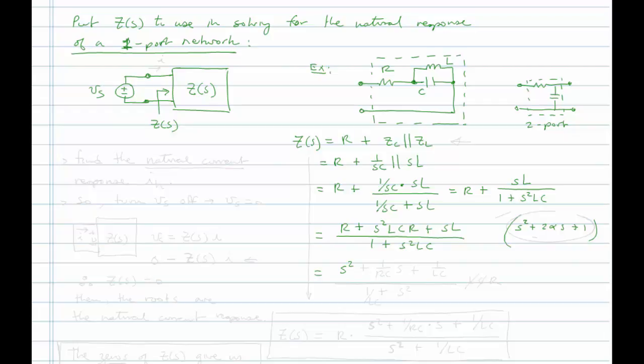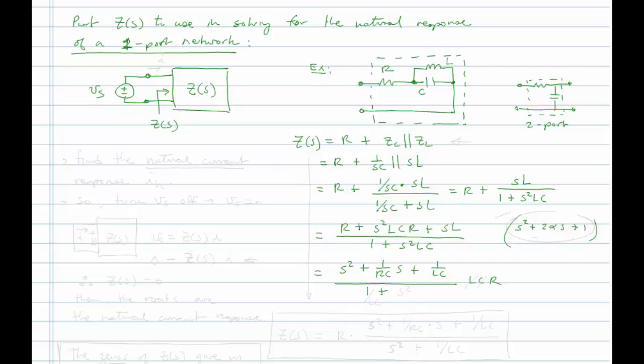So I get S squared plus, when I take SL and divide it by LCR, 1 over RCS, and then R over LCR gives me 1 over LC, and this is starting to look very familiar.